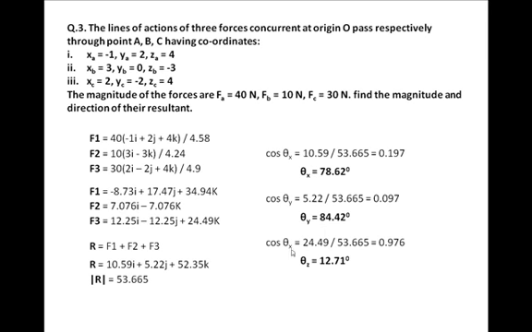I think there is a small error here. This should be z. So cos theta z is this, and so you have the inclination of the resultant with all the axes, and also you have the magnitude of the resultant. Please note this should be theta z. Okay, thank you.